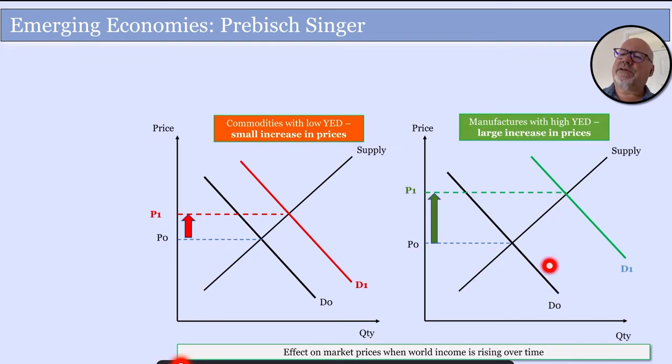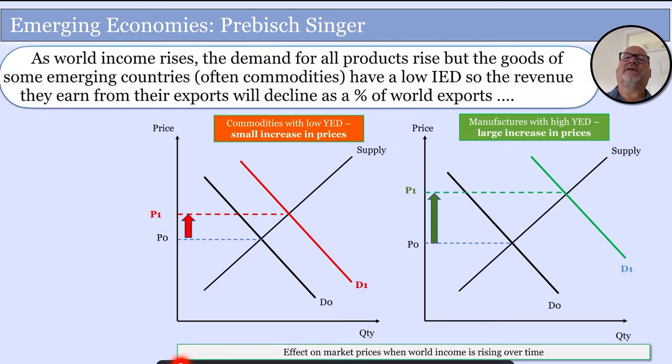So the demand curve for manufacturers over time is going to shift out more than the demand curve for commodities, which means that the price of manufacturers is going to go up faster than the price of commodities. So what happens is, as world income rises, demand for all products rises, but the emerging economies are often based on these commodities, and they have a low income elasticity.